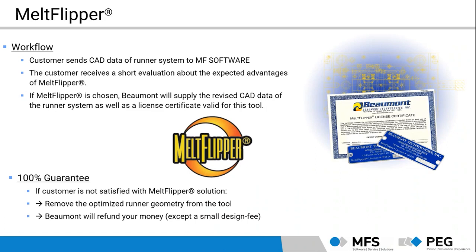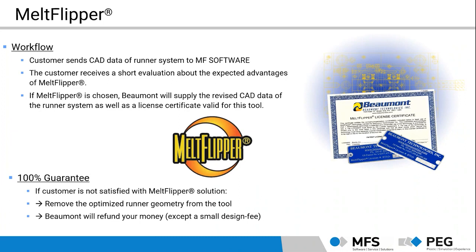Also important at this point is that Beaumont gives a 100% guarantee. That means if you are not satisfied, no matter for what reason, with the MeltFlipper solution, with the results, with the parts you get out of your processes, it's always possible for you to remove the optimized runner geometry from your tool again, and then Beaumont will refund your money, except for a small design fee, which is about, I think, 400 euros.